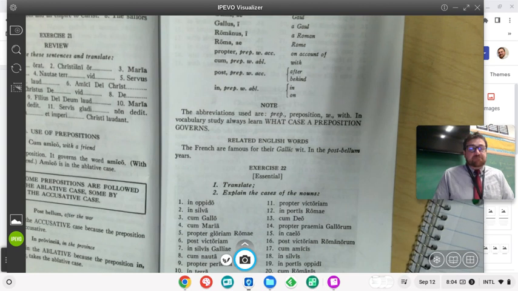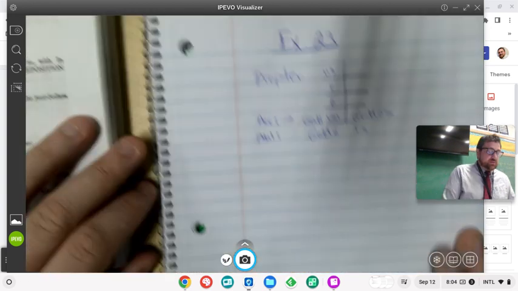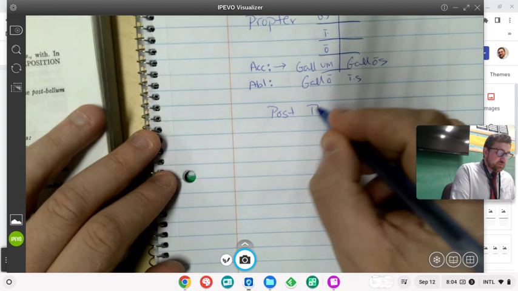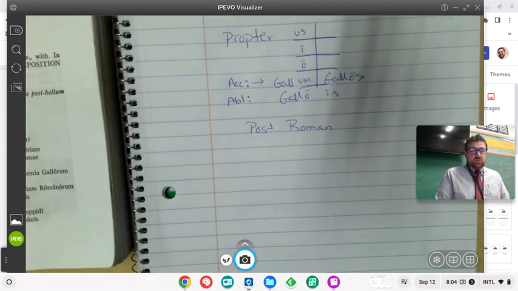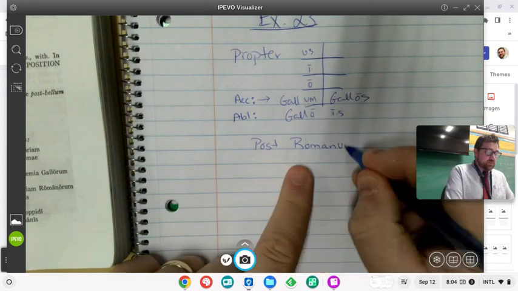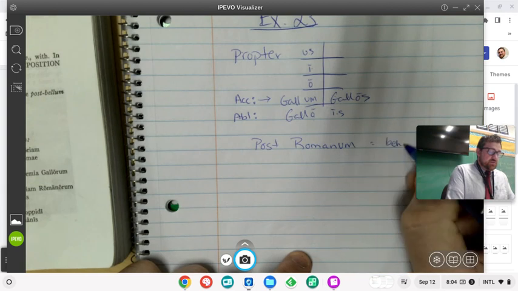And we use the accusative with that. So if I wanted to say behind the Roman, post uses the accusative, so I'm going to put Romanus in the accusative, Romanum, post Romanum. That's behind the Roman.